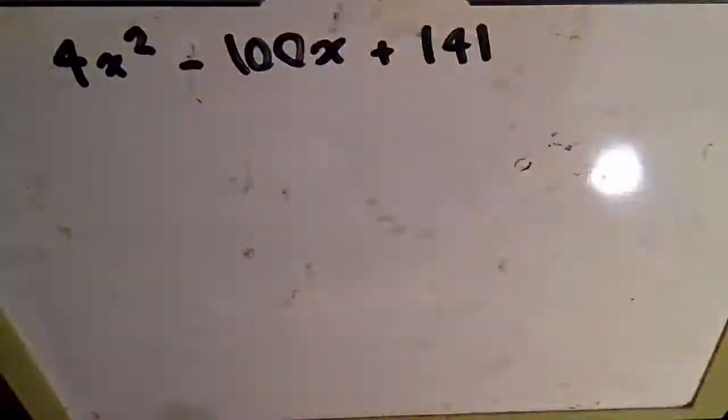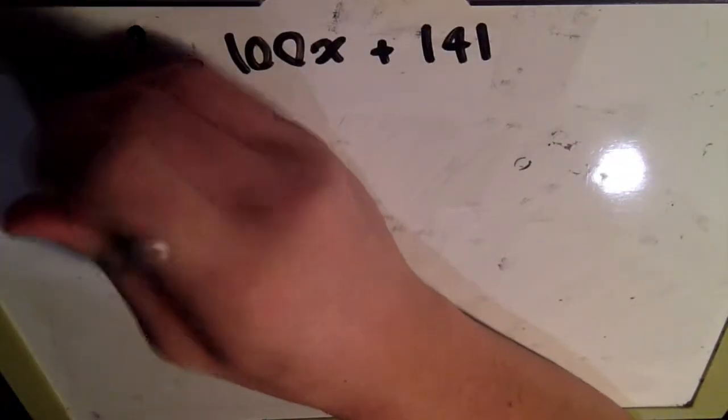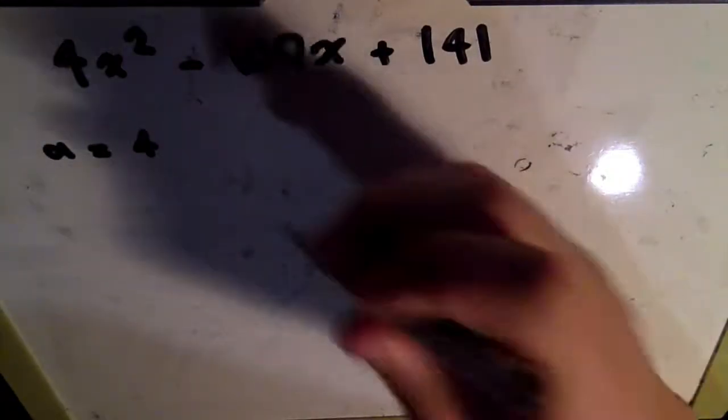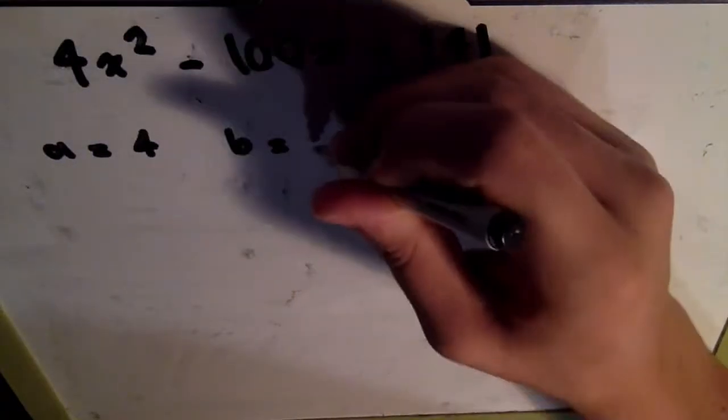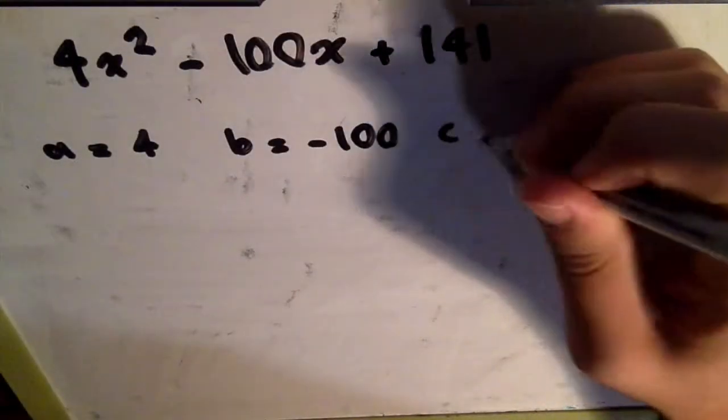Looking at these values, we can make our a value equal to 4, our b value equal to negative 100, and our c value equal to 141.